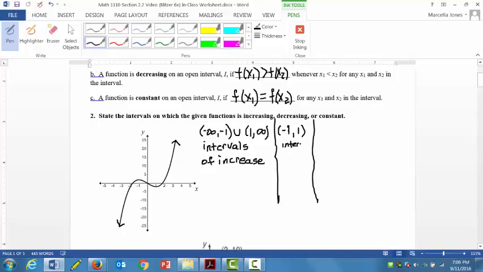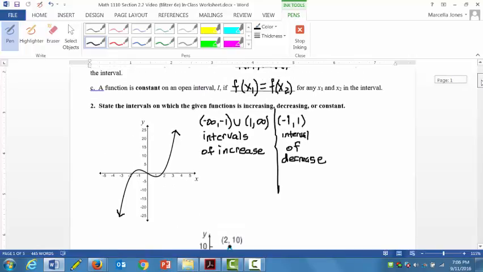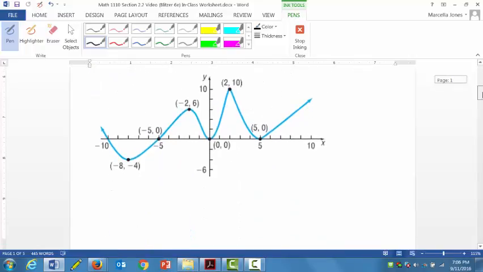Now the interval of decrease, as I move from left to right, the function has a downhill appearance on the interval between negative 1 and 1. Intervals of increase and decrease are always open intervals. They do not include the endpoints.